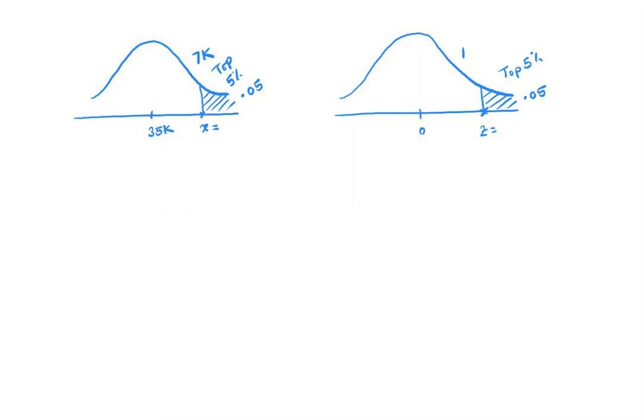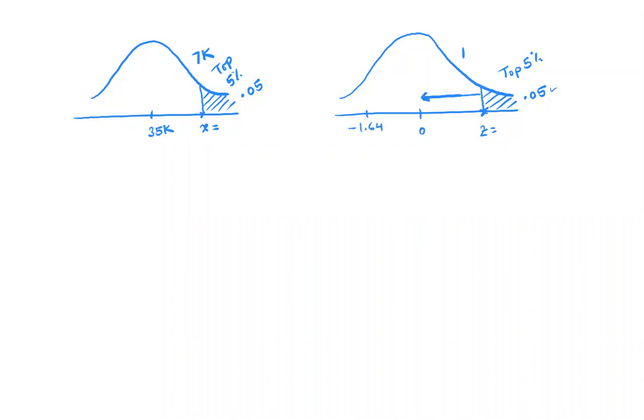Now, first of all, the standard normal distribution table gives you area to the left of the point of interest. It does not give you area to the right. That's one very important thing all of you should remember. So if you look for area of 0.05, you're actually getting this point, which is negative 1.645.